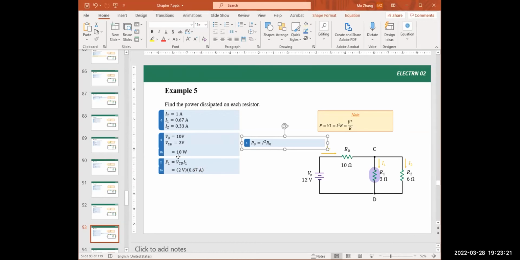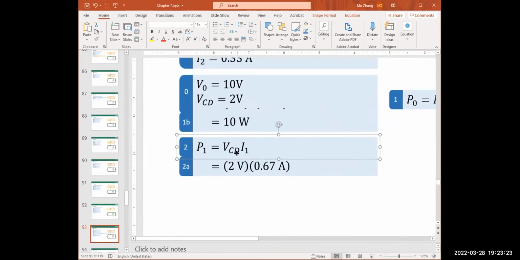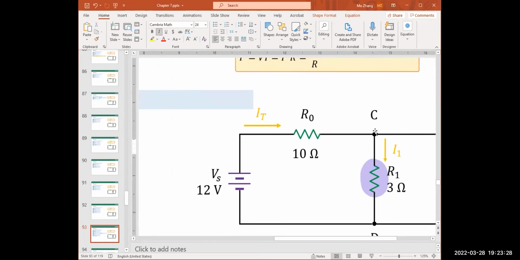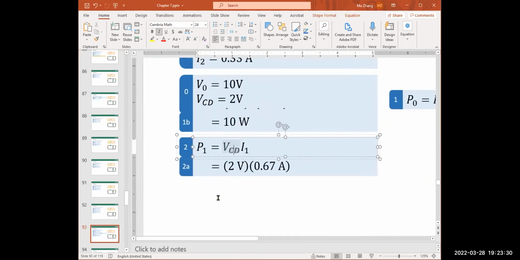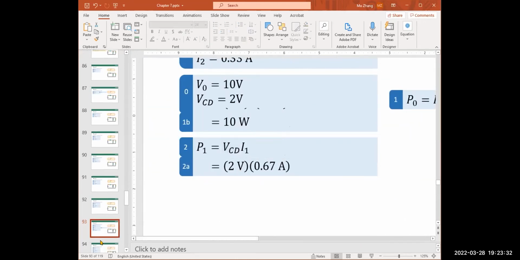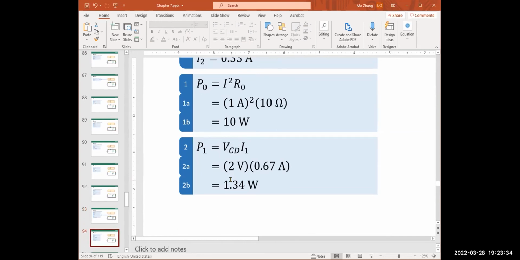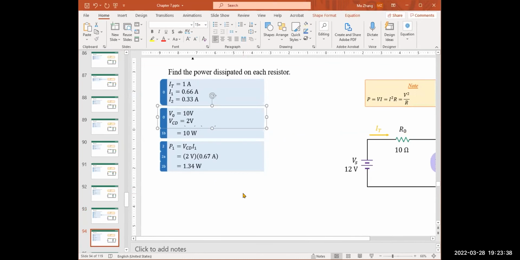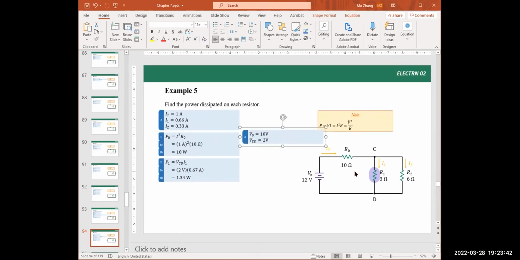And then the voltage times current, VCD, which is here, times the current. Use a calculator, we get 1.34 watts. 1.34 watts is the total power dissipated on R1.